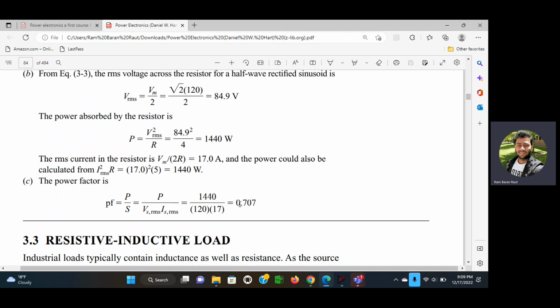We got 0.707 theoretically, and I got 0.71, which is a little bit different than the theoretical value. And the power factor angle, in terms of cosine of theta, we are getting like 44.69, which rounds to about 45 degrees.